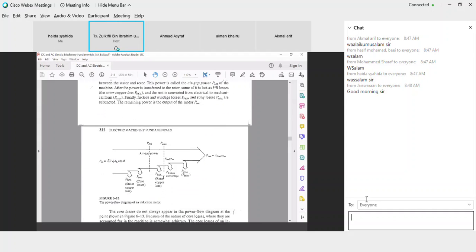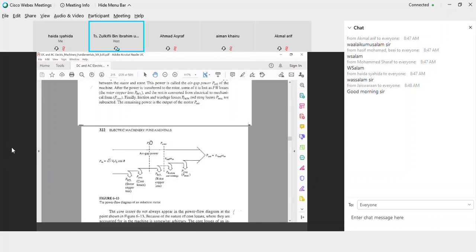Okay, and this is the air gap flow, the power flow. For the motors, you start with the input power, which is from the terminal voltage and line, and then you have your stator copper losses. Then go to the core losses.